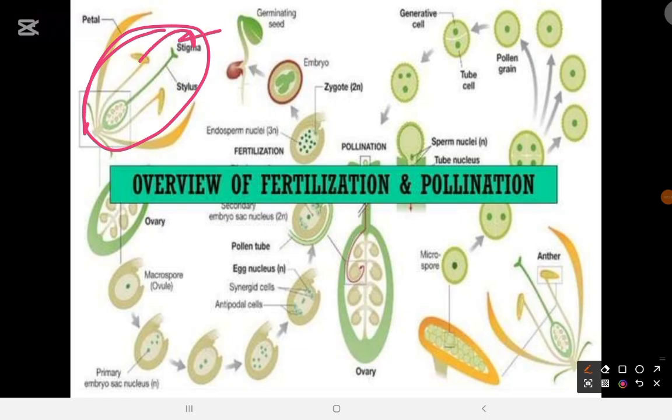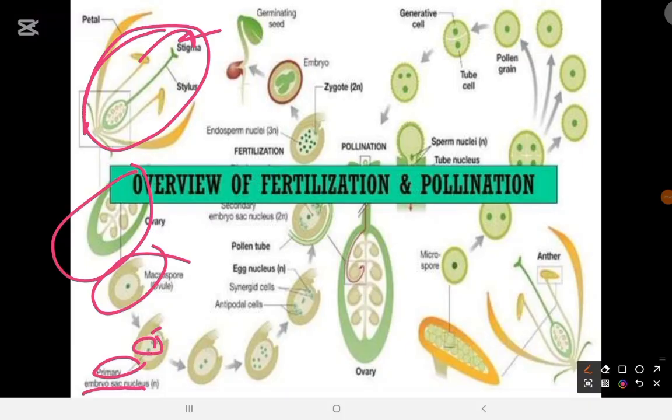Or from another plant to the stigma. So the ovary basically first has ovules, and the ovule contains macrospores. Is that okay? Now, these macrospores are going to produce sex cells, and these sex cells are going to be the primary embryo sac nucleus.